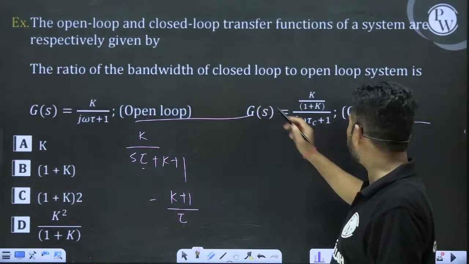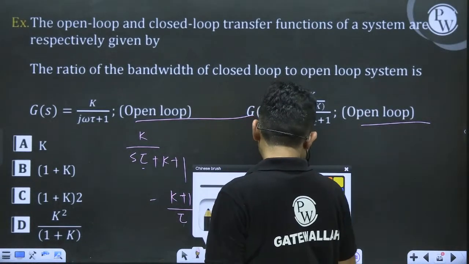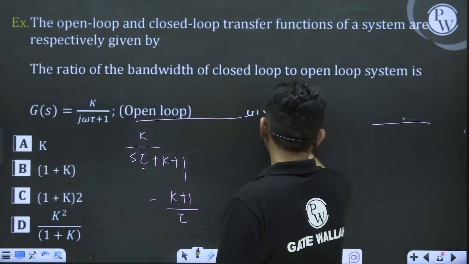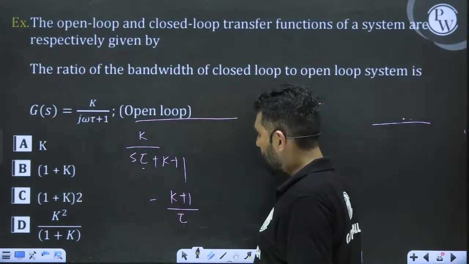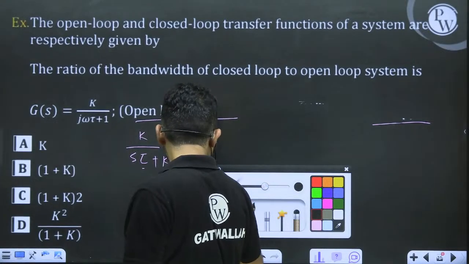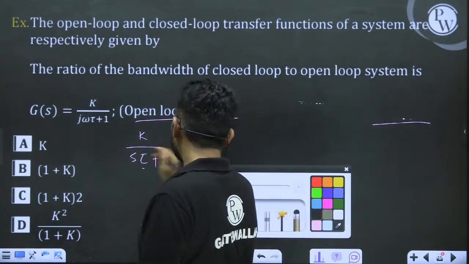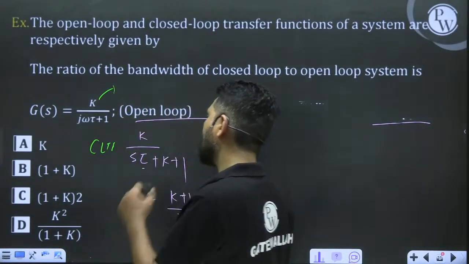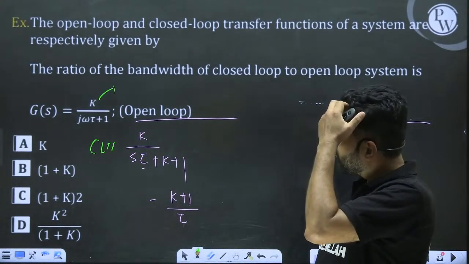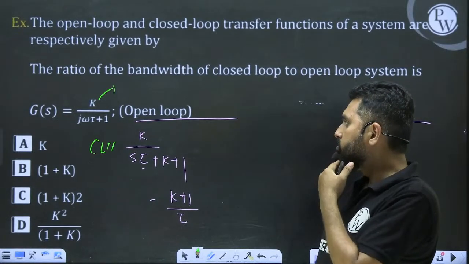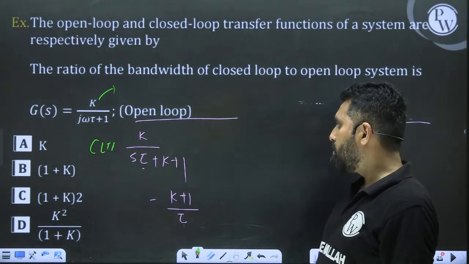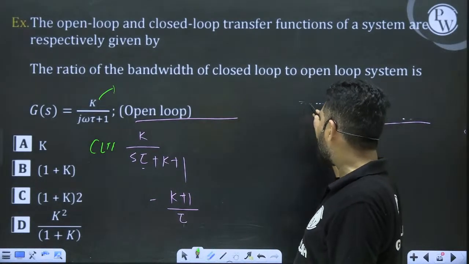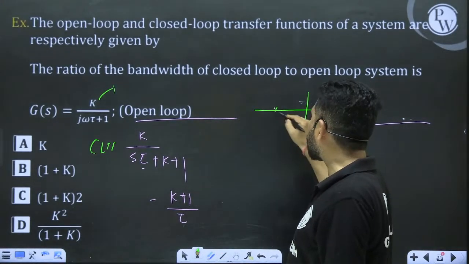If we forget about this question, then the CLTF is this, and OLTF is this. So the pole location is this one. I told you that for first order system the pole location is the bandwidth.